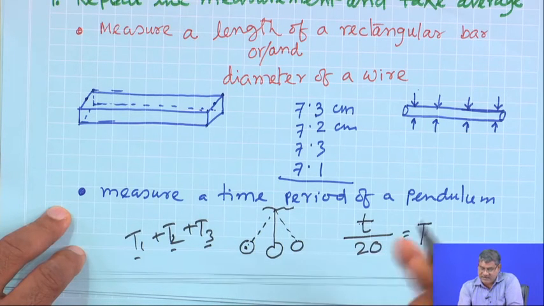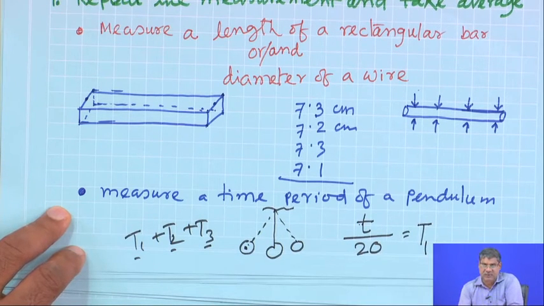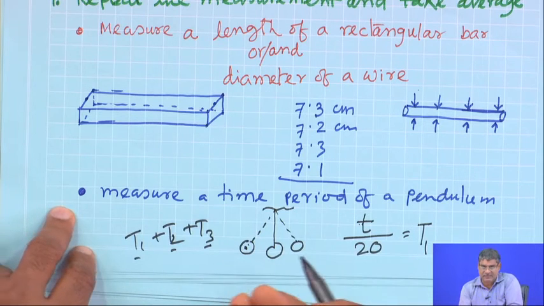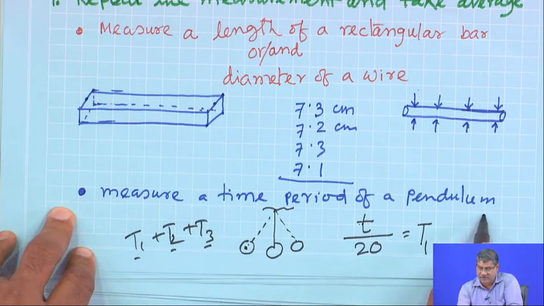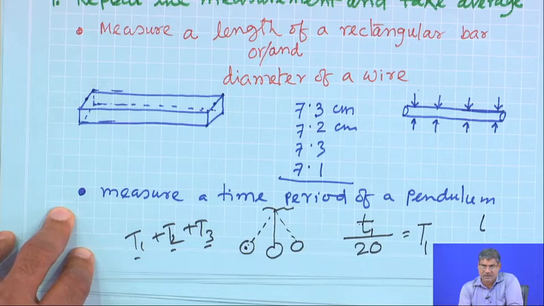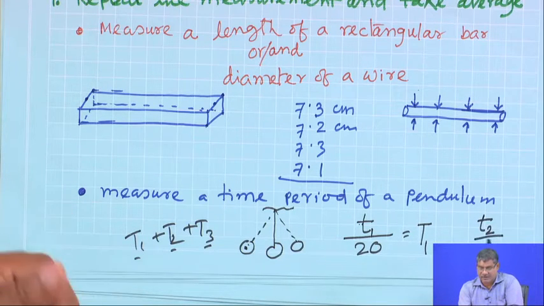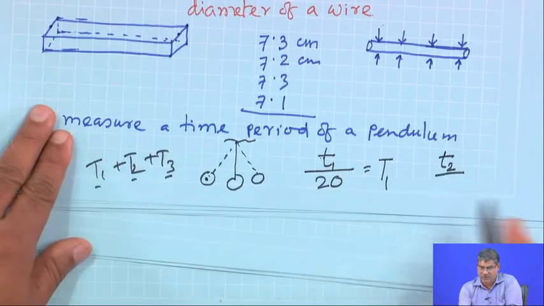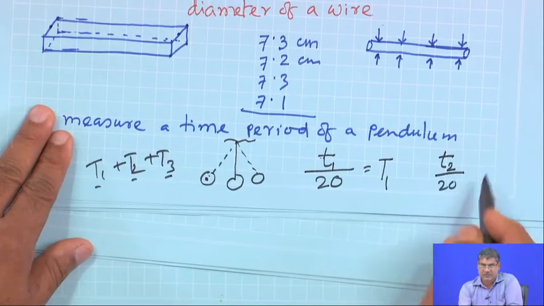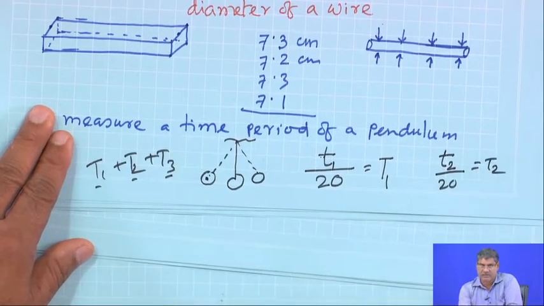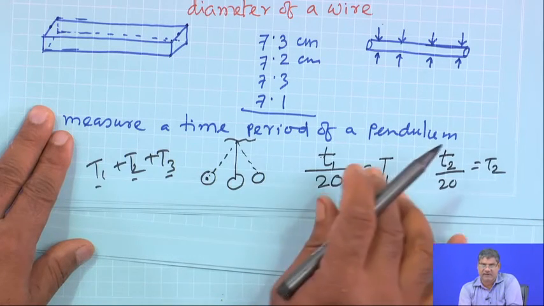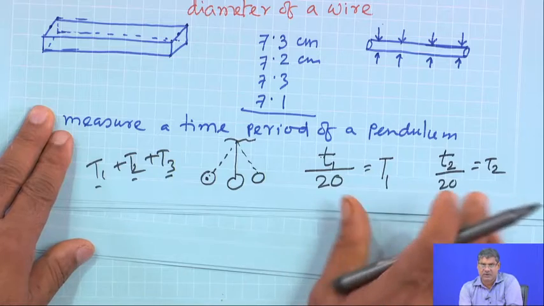And again you can repeat this; this is say T1, then another repetition, again 20 oscillations you have taken. So, this is the T2. Then 2-3 times you can do, and then take the average, T1 plus T2 divided by 2.